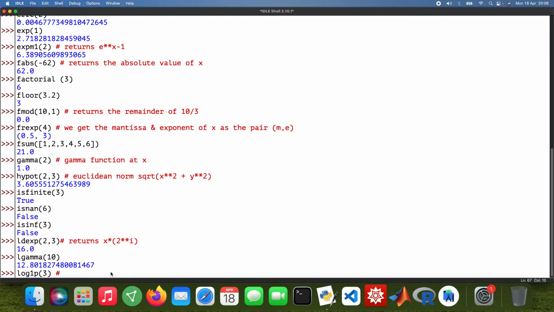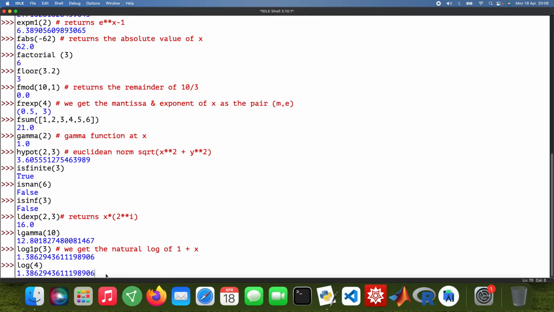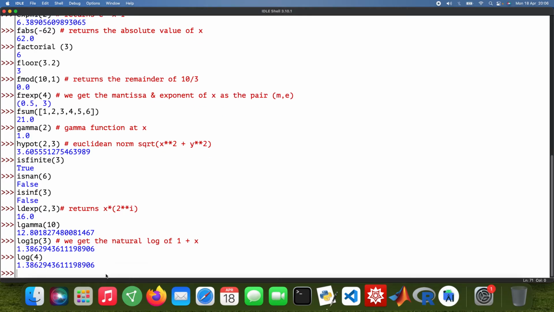What this does is we get the natural log of 1 plus x. So we just say log1p 4, same value, right? Okay, cool.